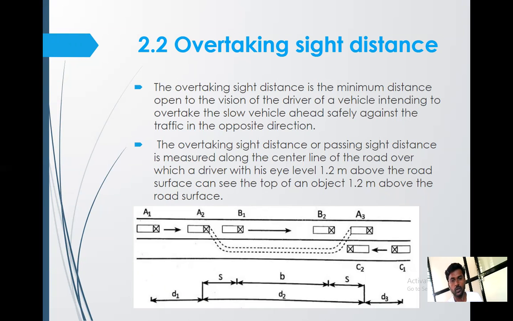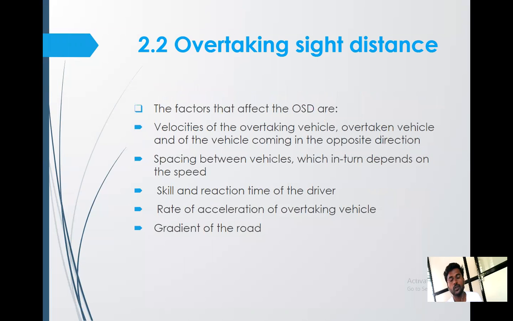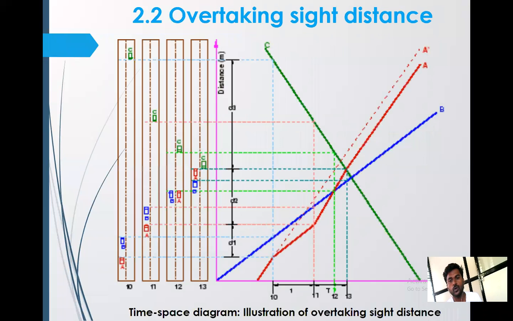We also saw the problem. So formula for D1, D2, D3, how to calculate the total overtaking sight distance, how the overtaking sight distance is taken. We have seen by the time space diagram as well.